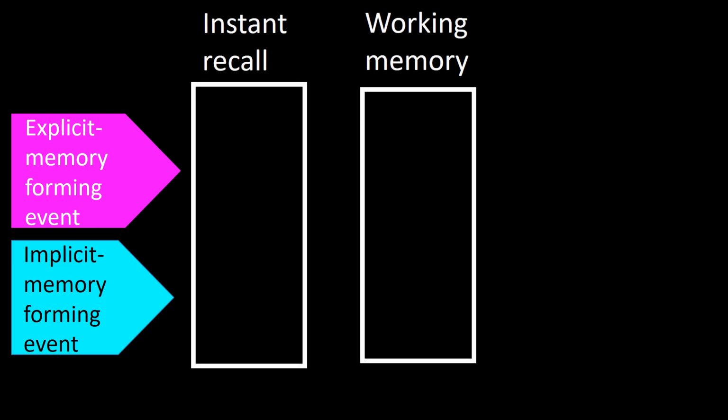Regardless of the nature of an event, whether an explicit memory forming event or an implicit memory forming event, the first step in memory making, instant recall and working memory, has similar mechanisms for recording and retrieving information. These mechanisms are housed at the unimodal or heteromodal association cerebral cortices.